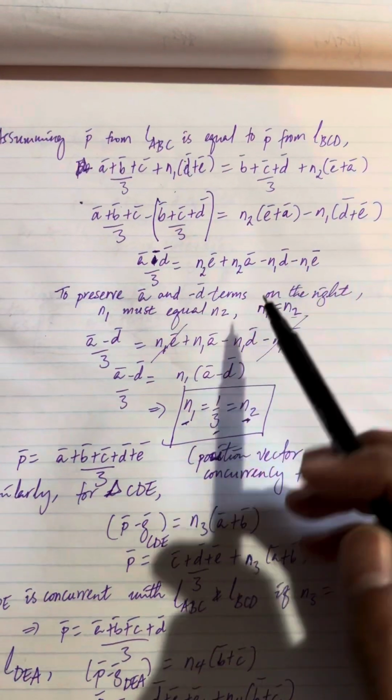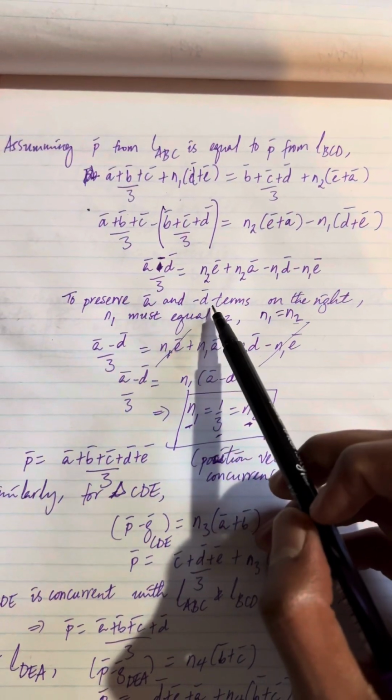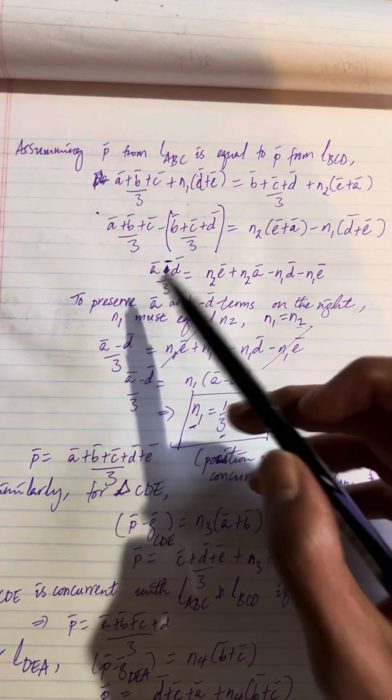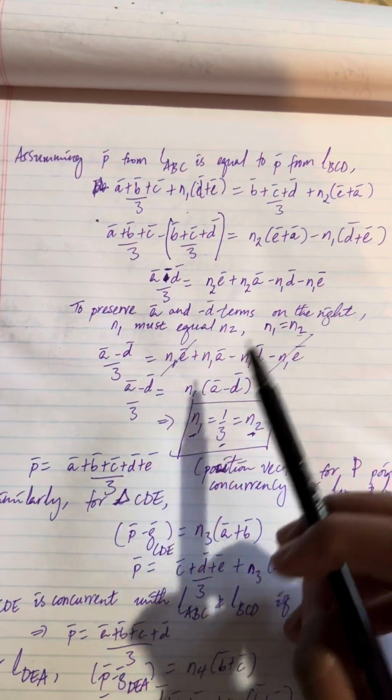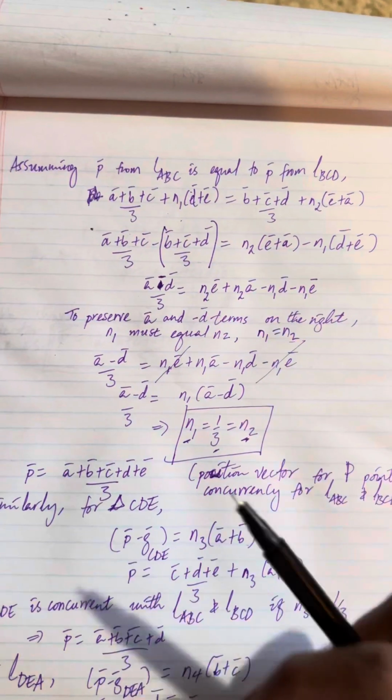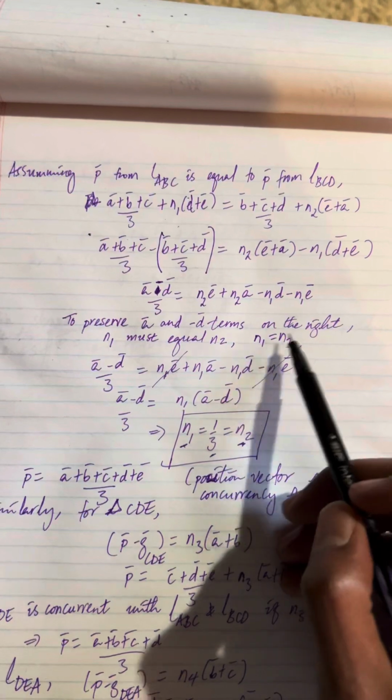And so here we're just going to do some more algebra to preserve the A minus D term on the right and get rid of the E because we don't have an E on the left. Then n2 times E and n1 times E will have to cancel each other out, and that can only happen if n1 and n2 are equal to each other.